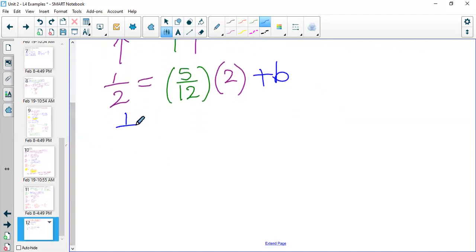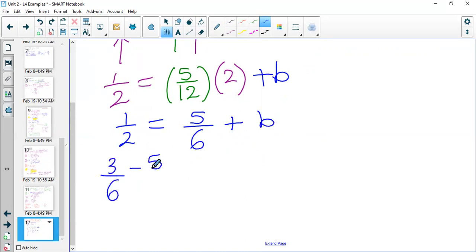So 1/2 is equal to 5 over 6 plus b. We change that into a common denominator to solve. So b is equal to negative 1/3.